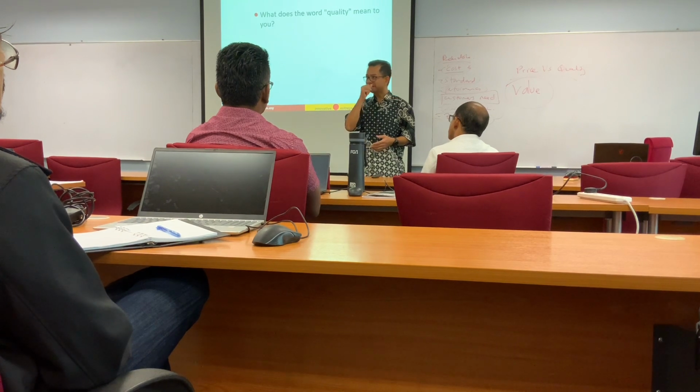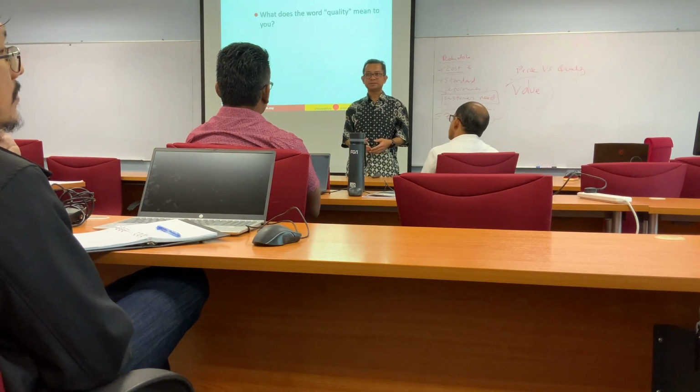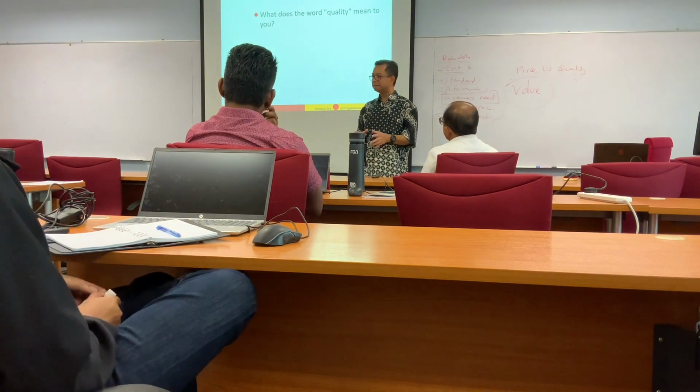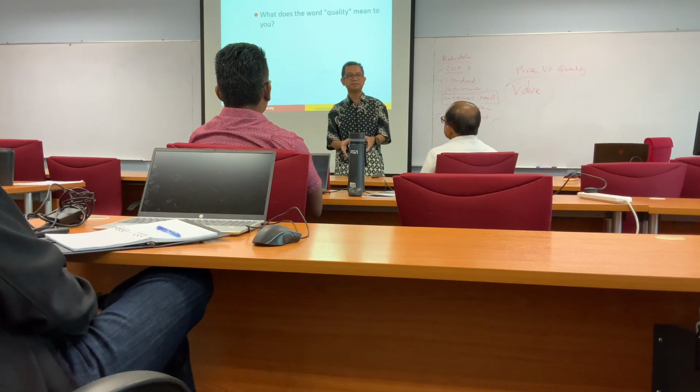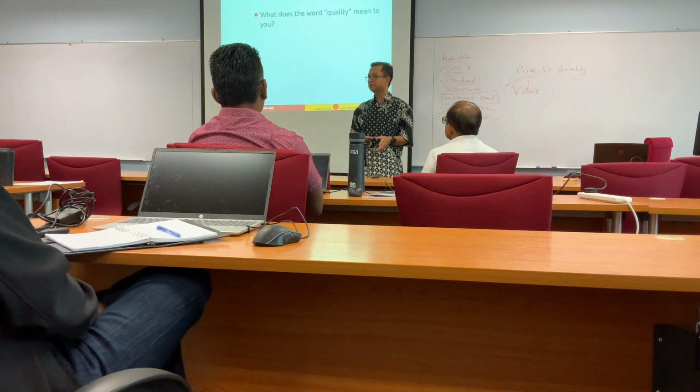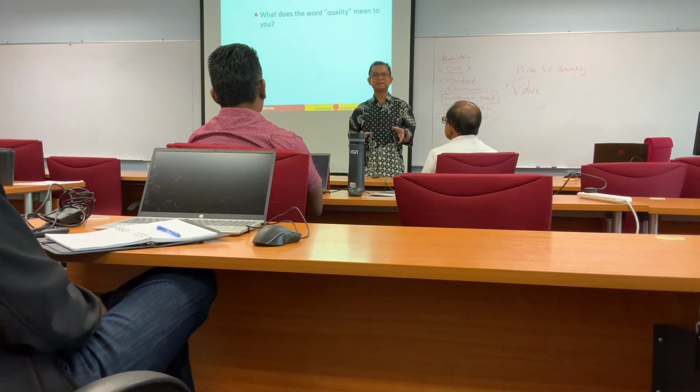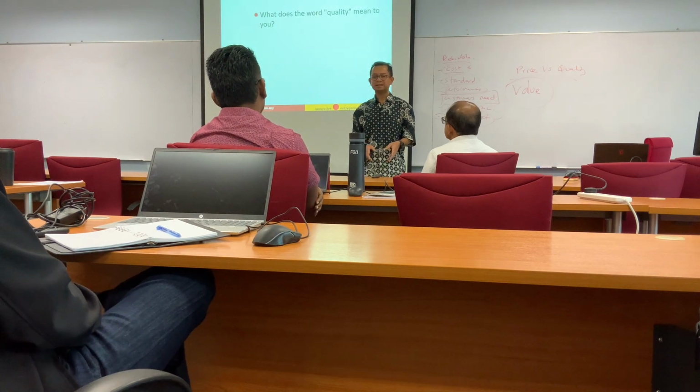Omotenashi is Japanese hospitality with a Japanese value. So the main important elements in omotenashi are respect for people and cleanliness. You will notice it is very clean in Japan Airlines and All Nippon Airways. Very clean.